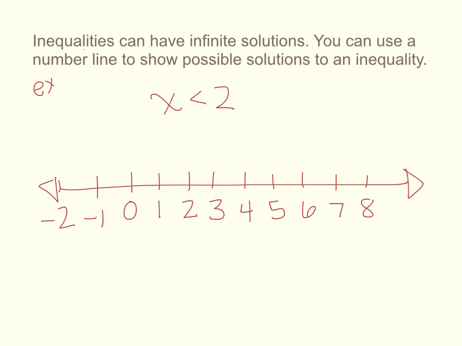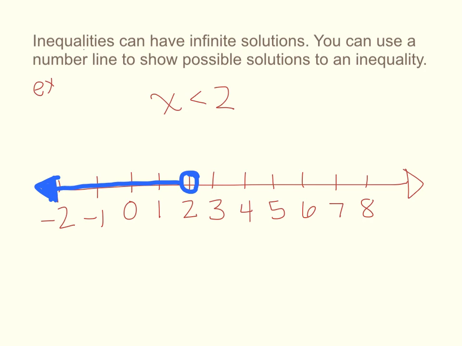If x is less than 2, I can represent all of those solutions on this number line here. Let me switch markers real quick. I want to have this one. So what I need to do is find 2 on my number line. Here's 2. Okay? And x is any number that's less than 2.